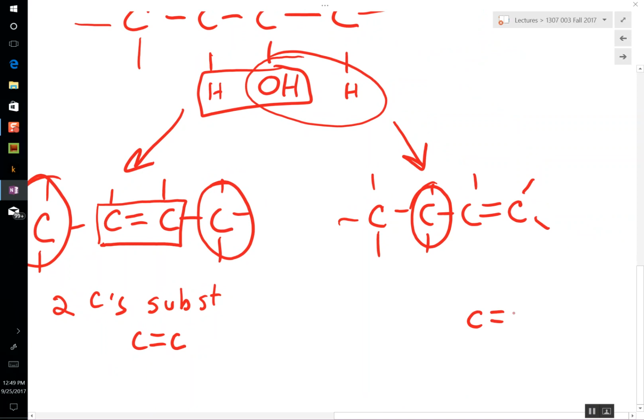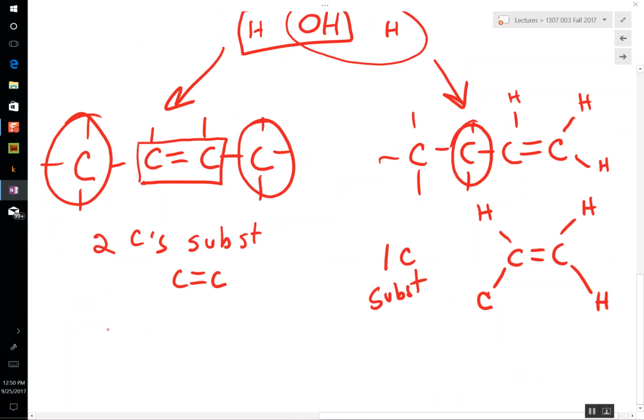What we're really asking ourselves is this: what is around this double bond? Well, we've got a hydrogen, a hydrogen, a hydrogen, and we have a carbon. So I don't even have to worry about this other carbon. That's what we have around it. So there is only one carbon substituted onto this. And so this over here, with two carbons substituted, is our major product.